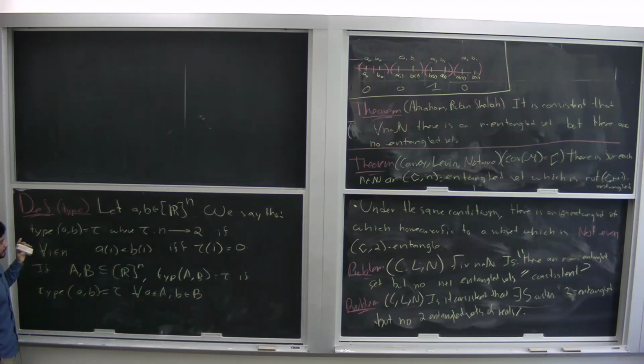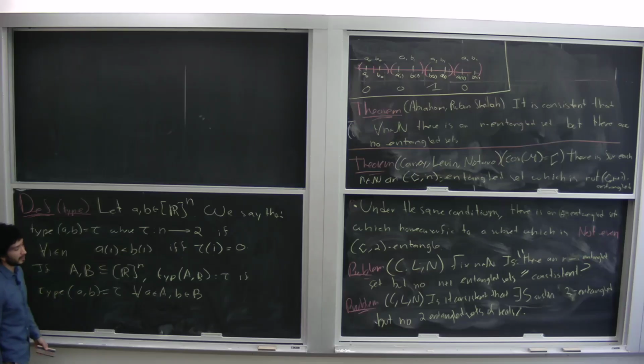One important thing regarding entangled sets is that the graph that I described previously, of not having type tau, is an open graph, right? The type defines an open graph, which means that there is a proper forcing destroying the n-entangledness of a set.